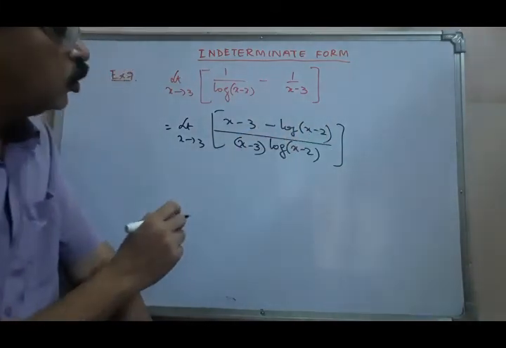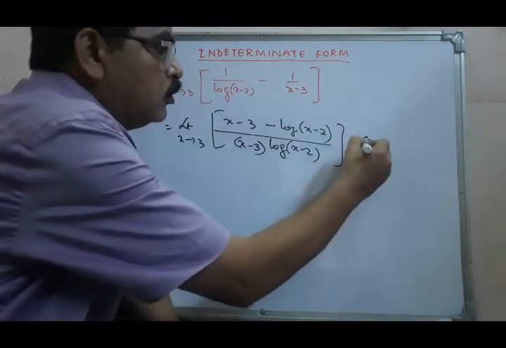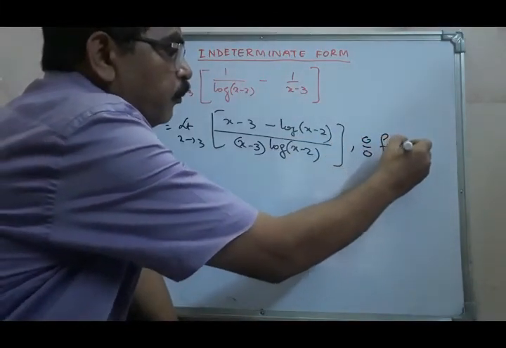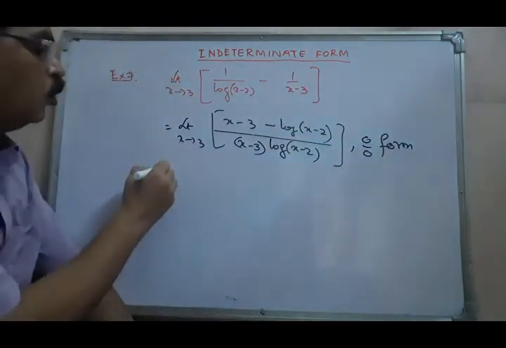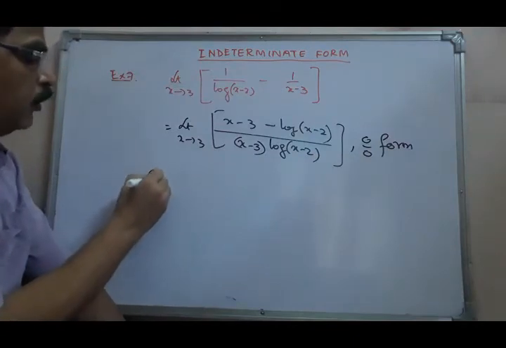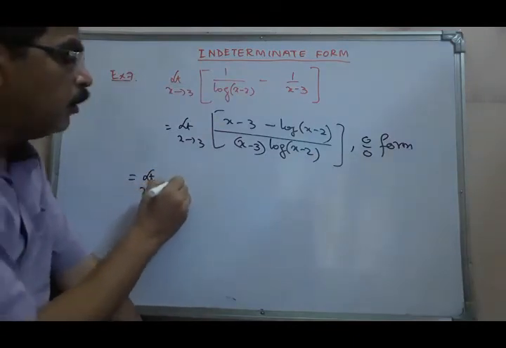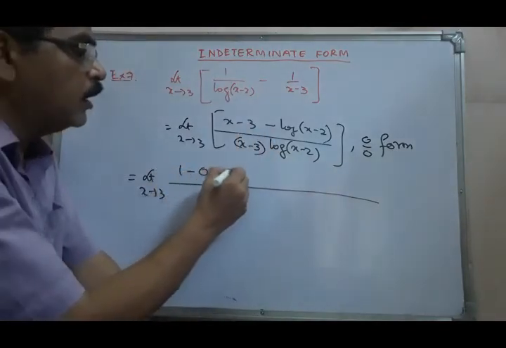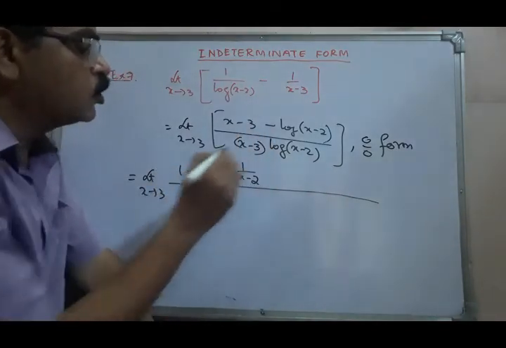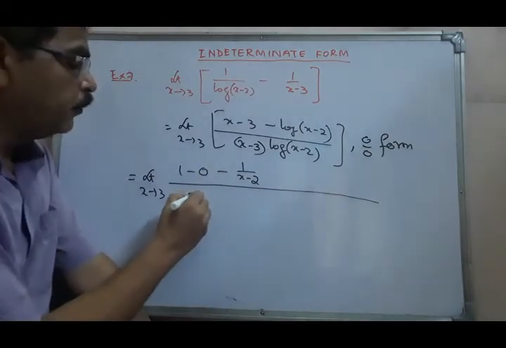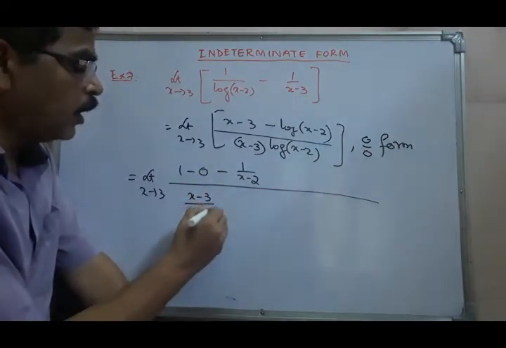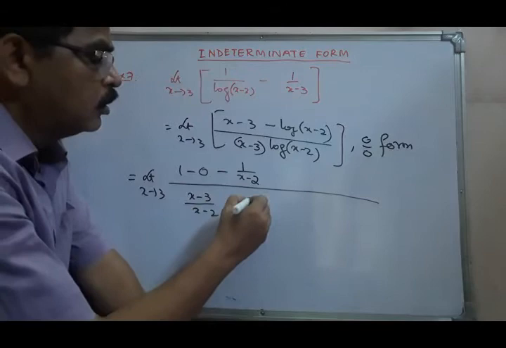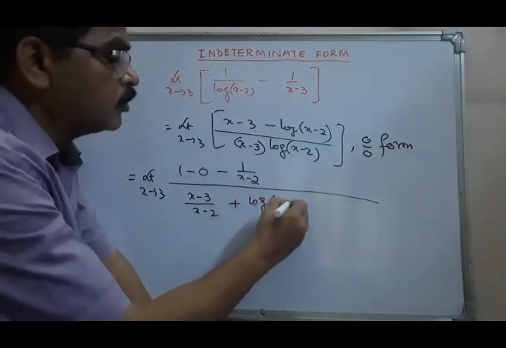So numerator coming 0 and the denominator also, 0 by 0 form. So applying L'Hospital rule, what we will get? Do the derivative of numerator and derivative of denominator. Numerator coming what? 1 minus 0 minus 1 by x minus 2, divided by x minus 3 by x minus 2 plus log of x minus 2.